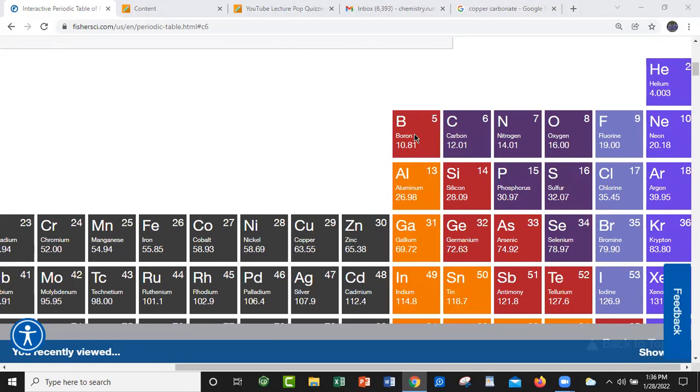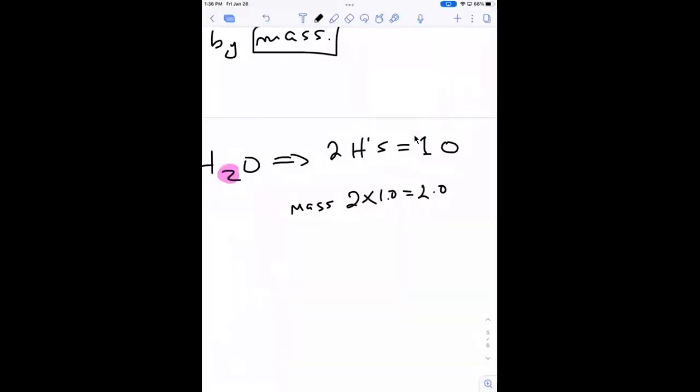All right, so let's go back to the example. We know the mass of hydrogen is going to be 2 times whatever the atomic mass is, right? So that's 2. And then for oxygen, it's going to be 1 times what?